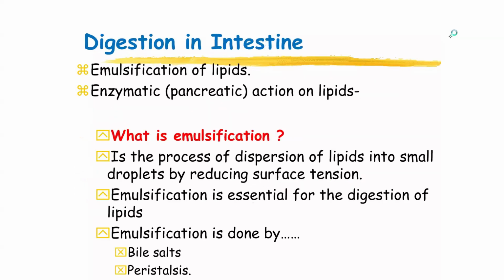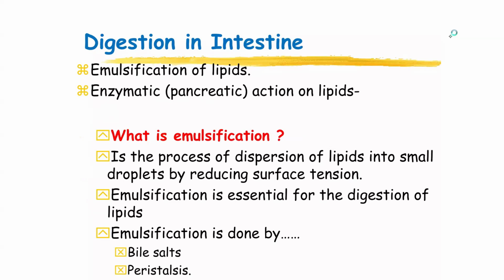And then the next thing is the digestion in the small intestine. The digestion in the small intestine first starts with hormones. There are two major hormones that are very important in the digestion of lipid in the small intestine.